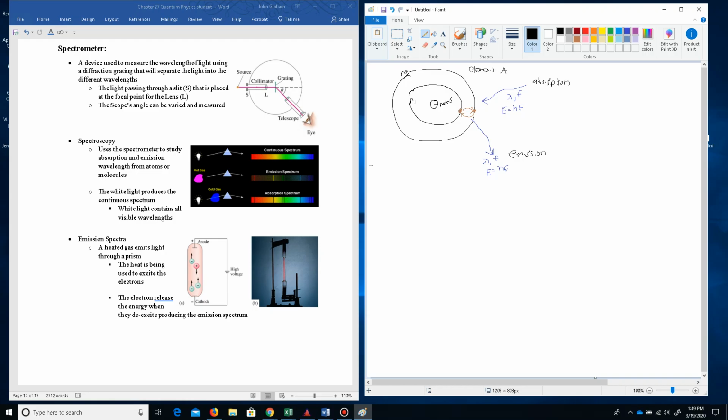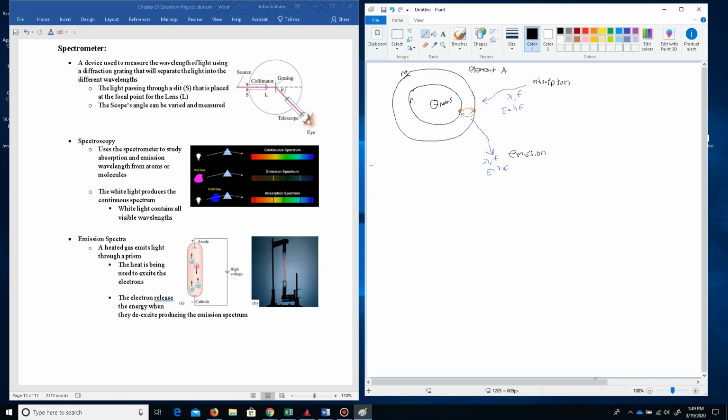And so they came up with what's called a spectrometer. This is the device used to measure the wavelength of light using a diffraction grating that will separate the light into different wavelengths. This light's passing through a slit, and that is placed at the focal point of the lens. And the scope of the angle can be varied and measured.